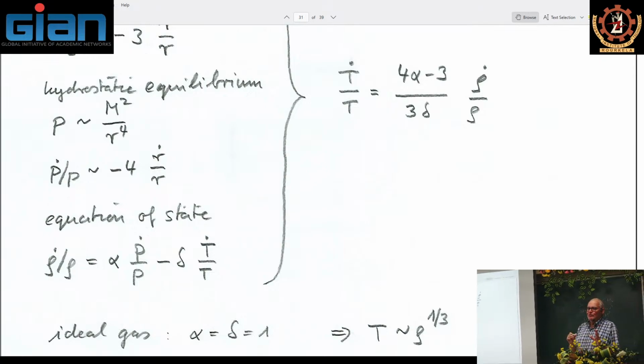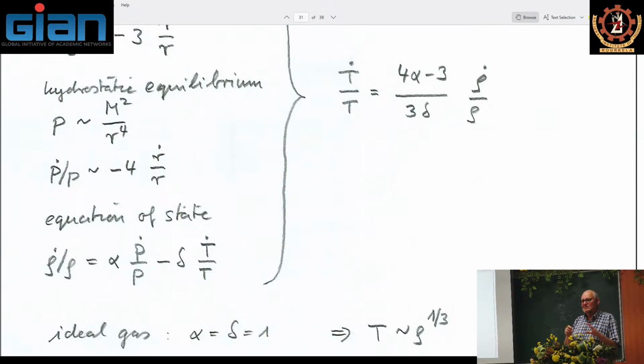Now I have to remind you of a result which we had at the end of the discussion of the equation of state. We considered the transition of the equation of state for an ideal gas to a degenerate electron gas.